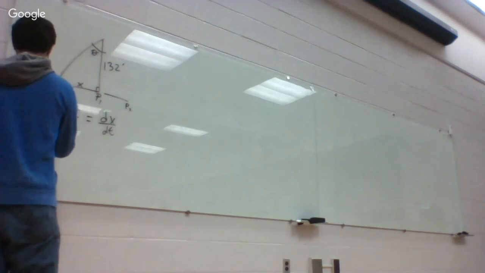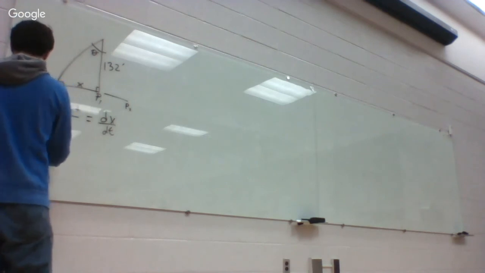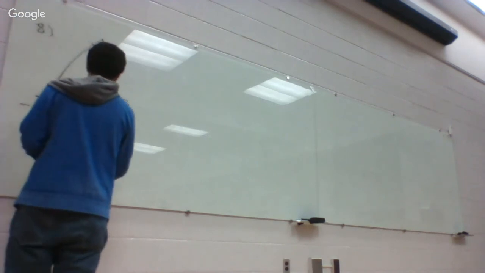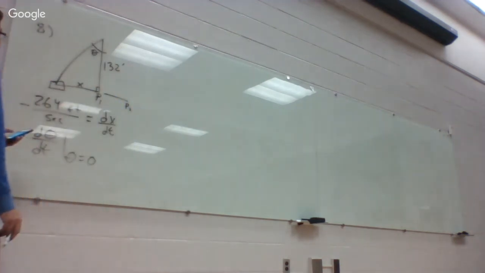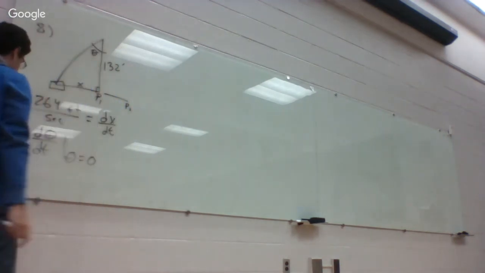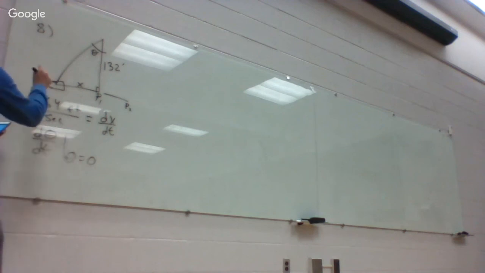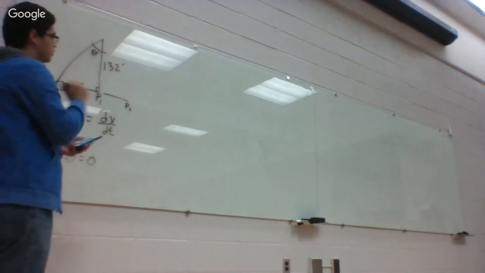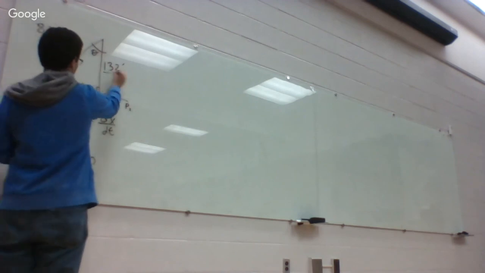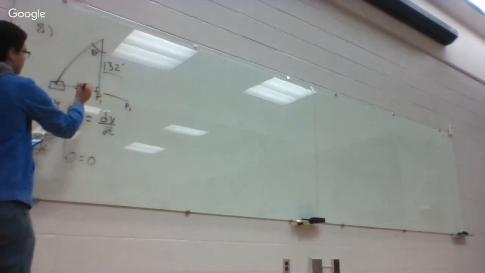We have to find d theta over dt, the change in theta. Just by looking at this, we have two things, 132 and x.